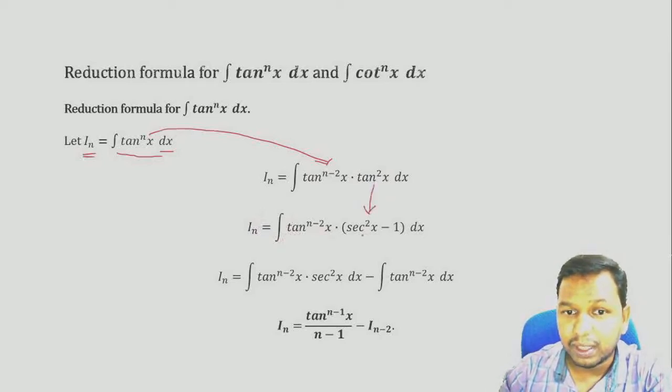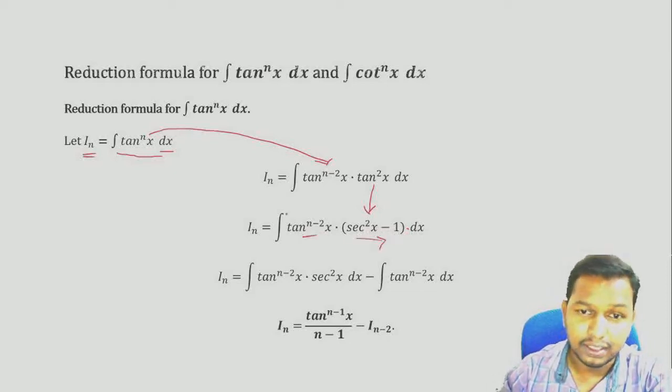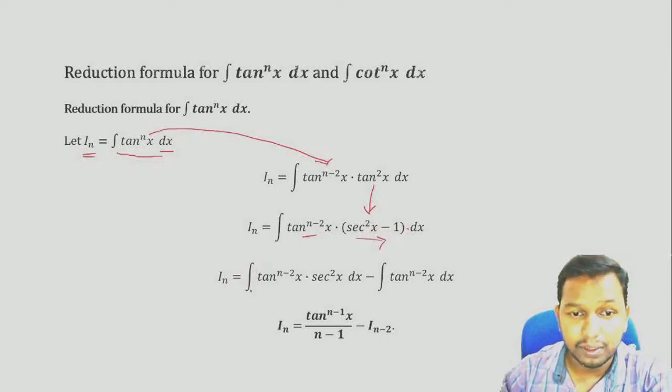We know the formula tan^2 x is sec^2 x minus 1. So I_n is equal to the integral of tan^(n-2) x into (sec^2 x minus 1) dx. In the next step, multiplying, we have I_n equal to the integral of tan^(n-2) x sec^2 x dx minus the integral of tan^(n-2) x dx.